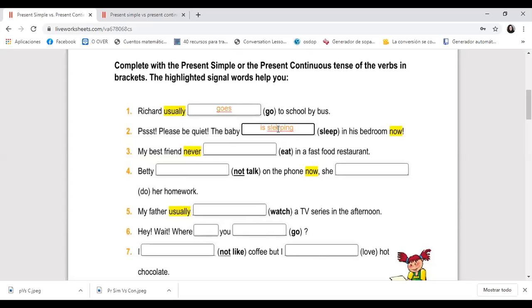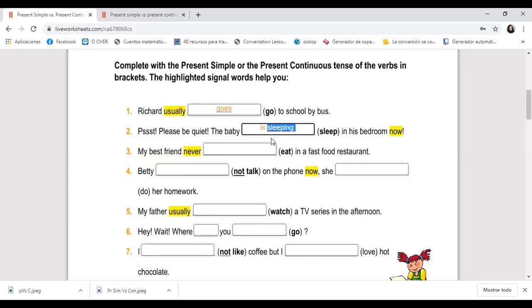Is sleeping. Pay attention. Don't forget the verb to be, and don't forget the ing form of the verb. This part is very important, and this part is also very important, as important as the verb.